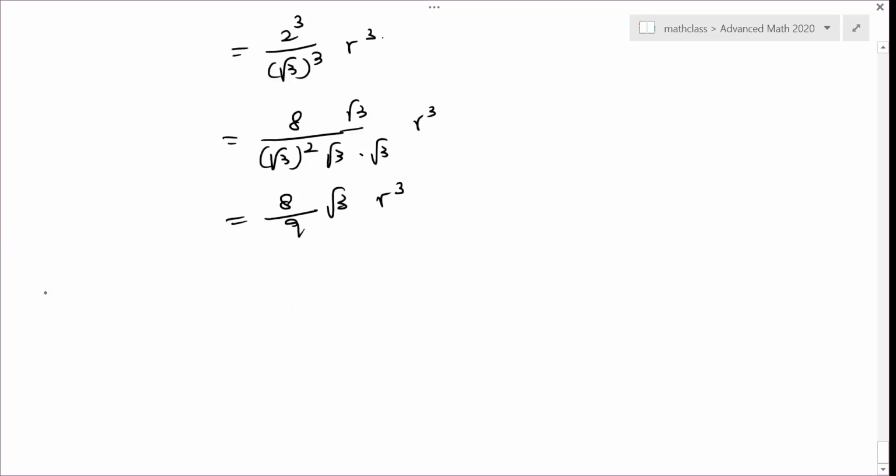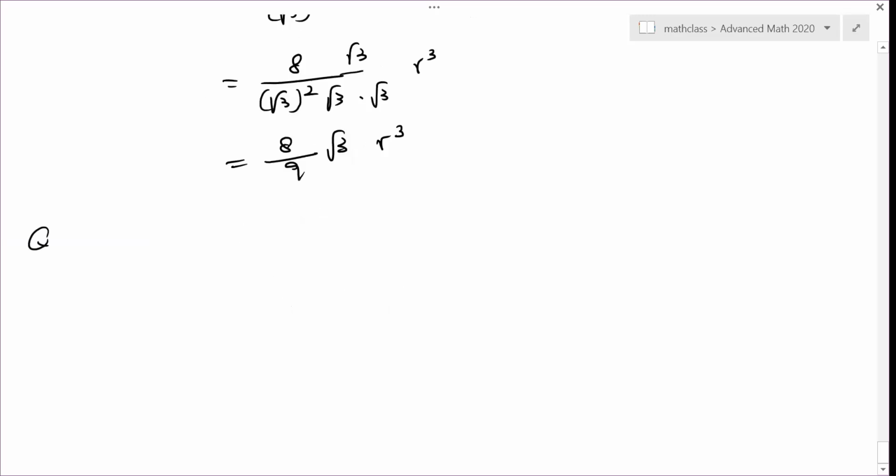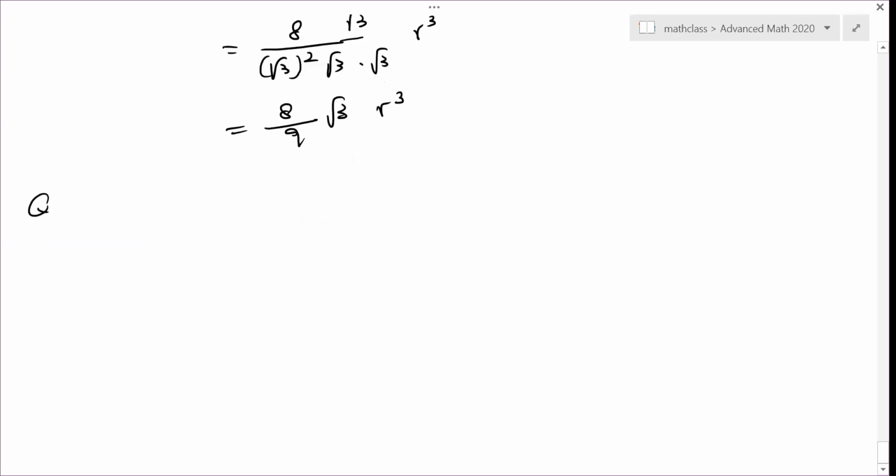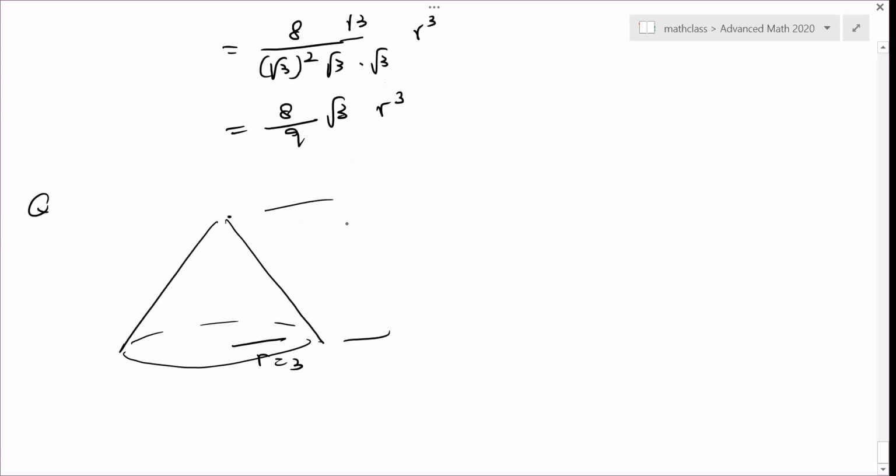All right, so now let's look at the last problem. It's going to be a challenge problem. A sphere is inscribed in a circular cone of radius 3 and height 4. So this is a circular cone, radius equals 3, the height h is going to be 4.